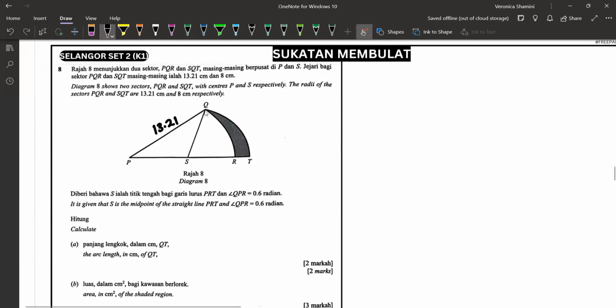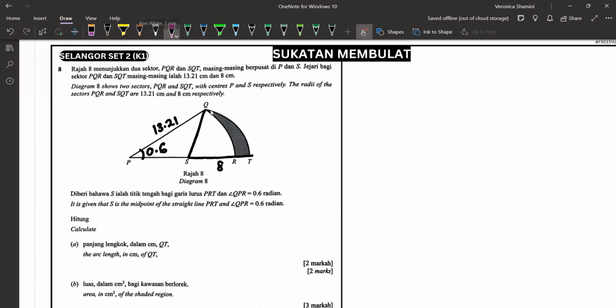Kan? SQT, jejari yang ni this part, this jejari is 8. Okay. Diberi S ialah titik tengah for PRT, garis lurus, and QPR, at least radian dia ada kat sini, 0.6. Okay, cari panjang lengkuk QT.